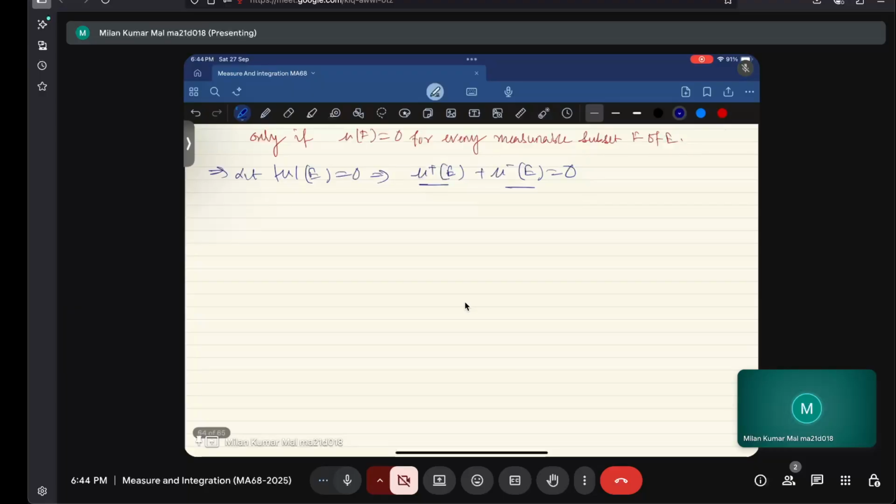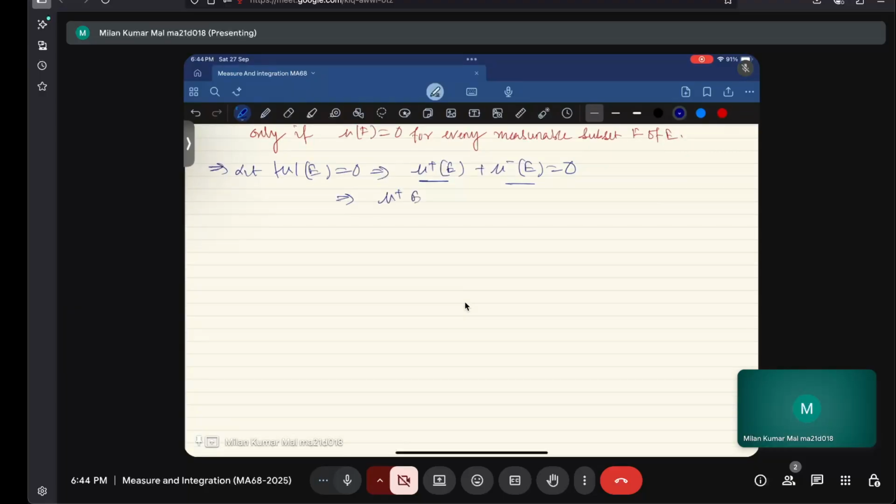So that gives mu plus of E is equal to 0, which is equal to mu minus of E. Okay, this is what it is. So one can write mu is equal to mu plus minus mu minus.